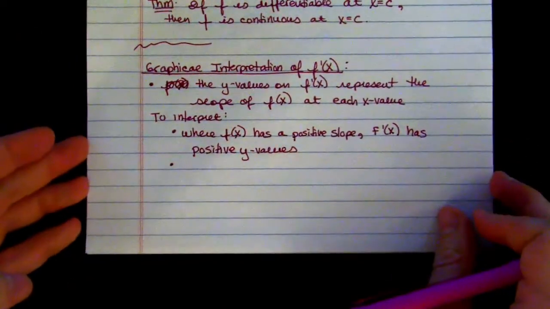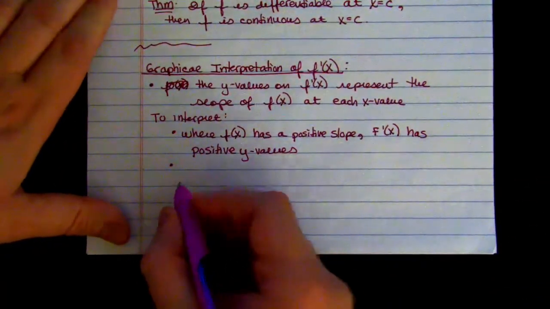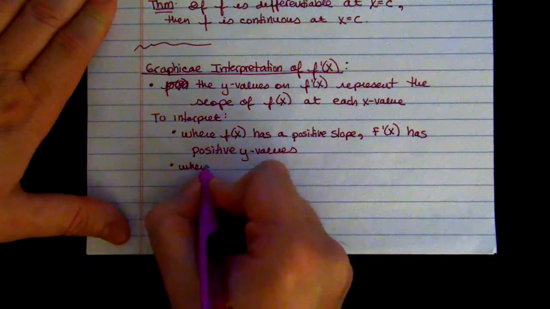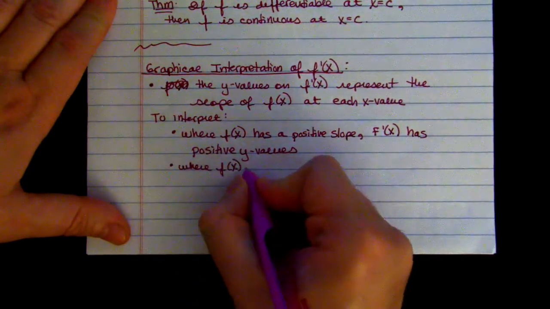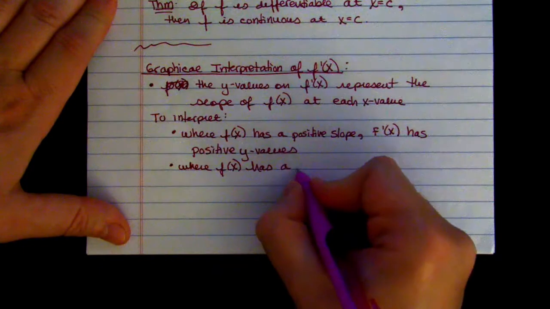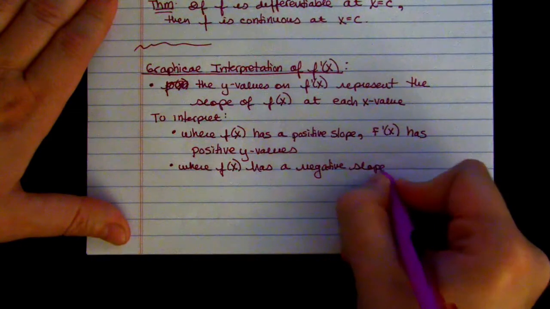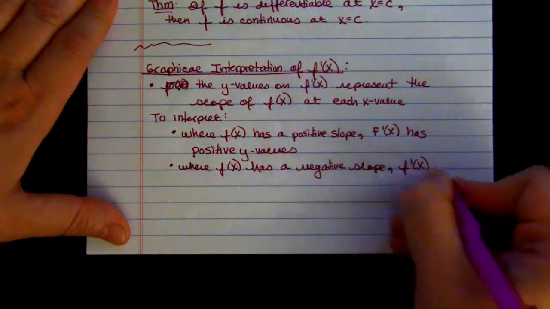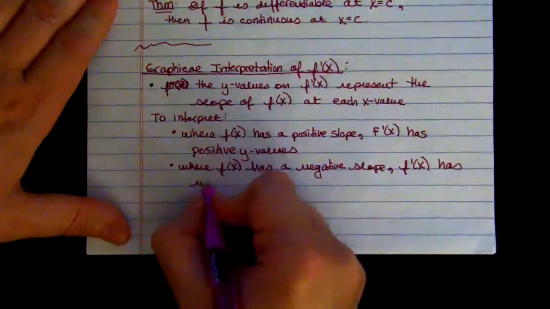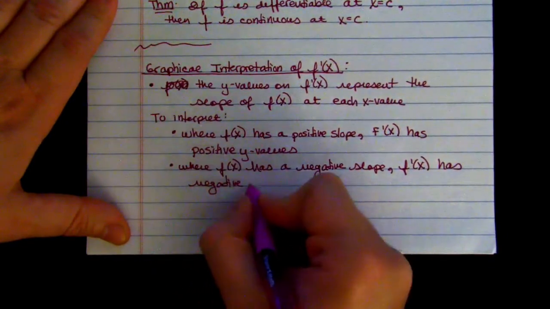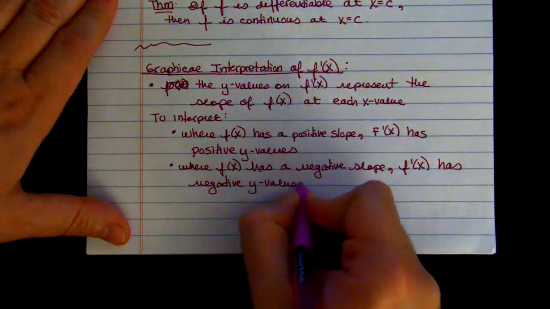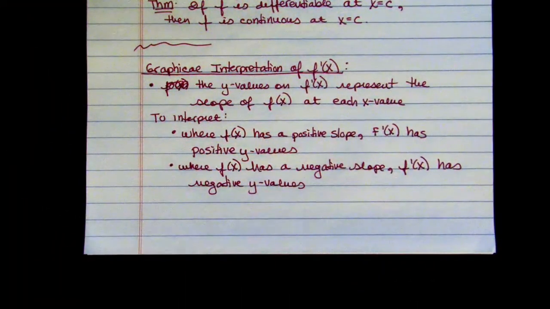And similarly, where f of x has a negative slope, f prime of x has negative y values.